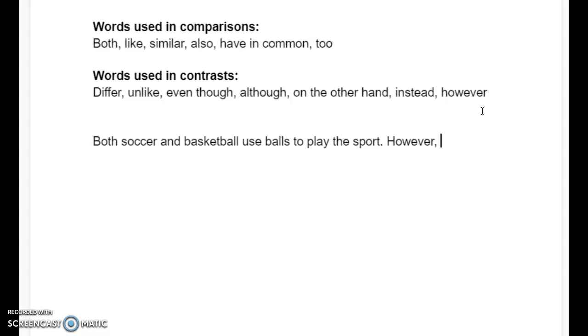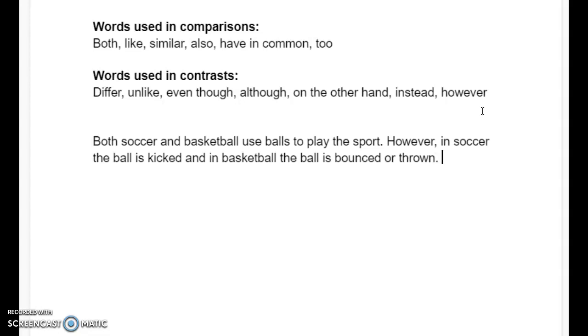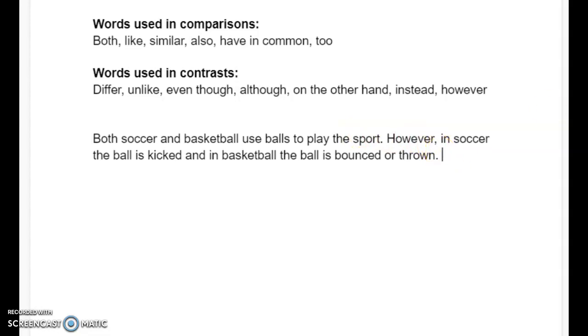However, comma, in soccer, the ball is kicked, and in basketball, the ball is bounced or thrown. Okay, so I have a very good comparison and a contrast, all about how the ball is used.